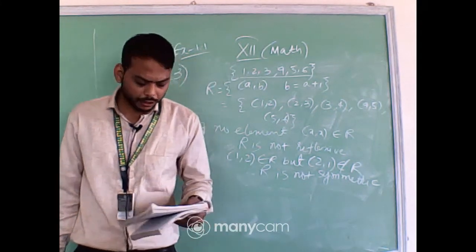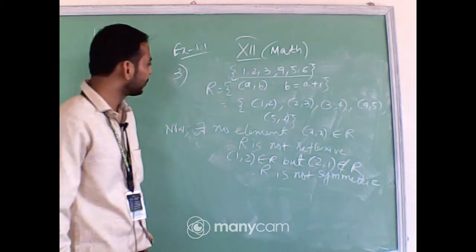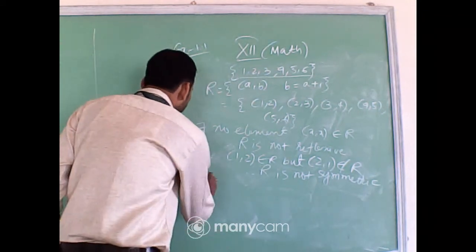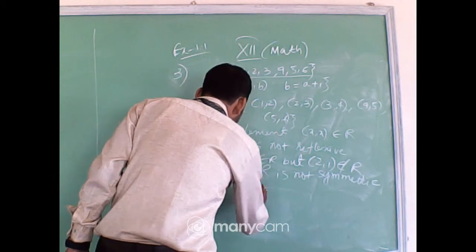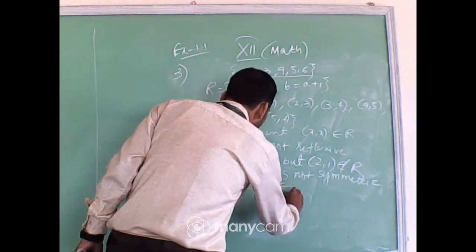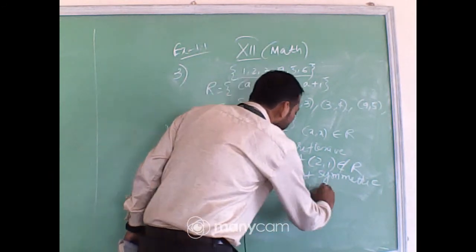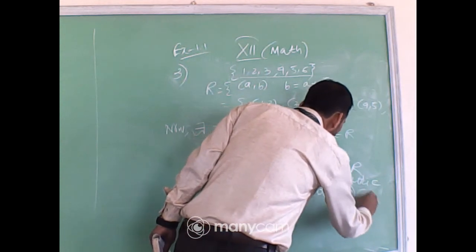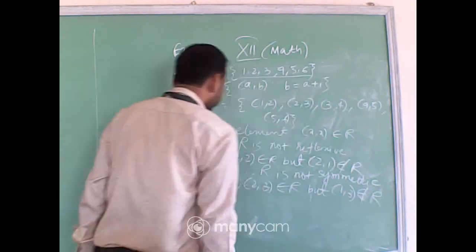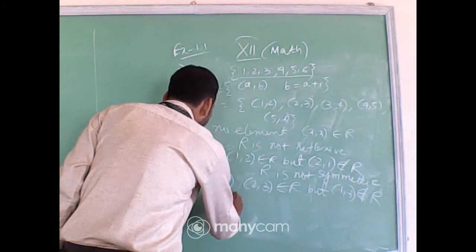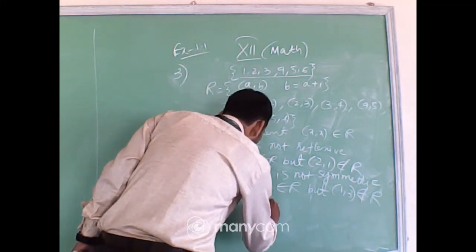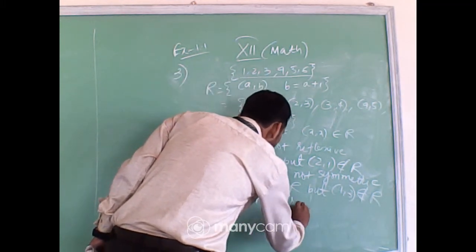Okay. Now check the transitive property. Since (1, 2) and (2, 3) belong to R, but combining them we get (1, 3), that does not belong to R. Therefore, R is not transitive.